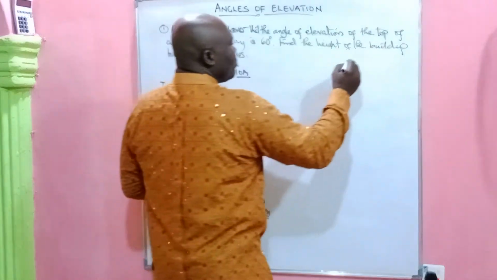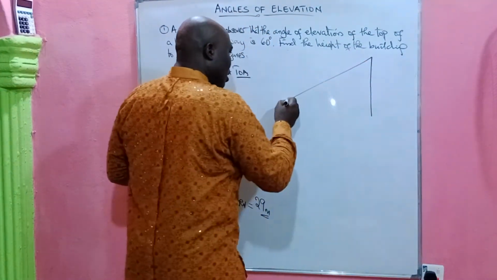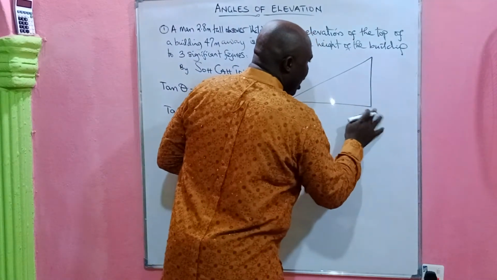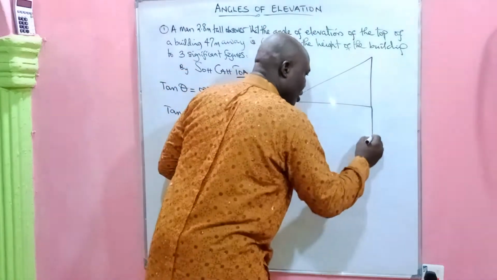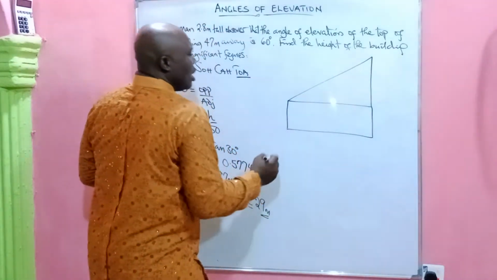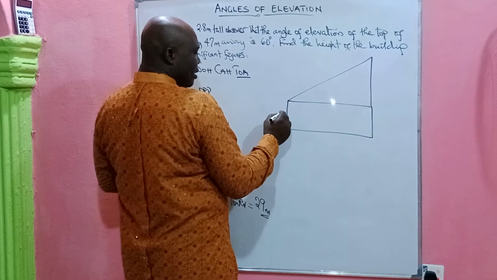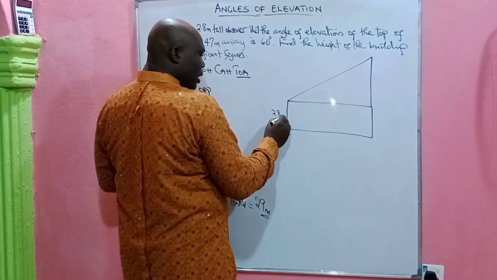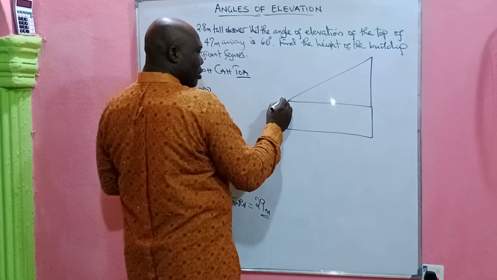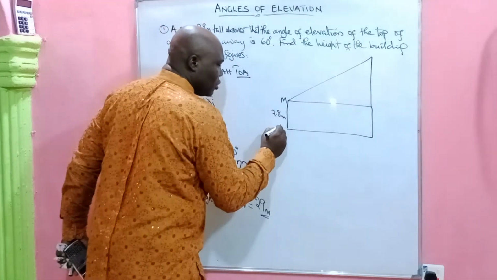So we have this. This is a building. Now, this is the height of the man this time, so it's incorporated. Please take note of this. Now, this is the height of the man, 2.8 meters. So let's say the man is so tall, he's 2.8 meters. So this is the man, M. That's his eye level, and this is his foot.